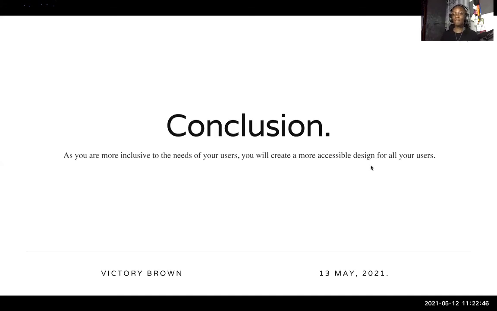Well, I'm happy you stayed to the end of this talk, and I do hope you've gathered a lot to help you in being more accessible in your design, because design is going global. The world is going global and technology is taking place. People are becoming more digital.